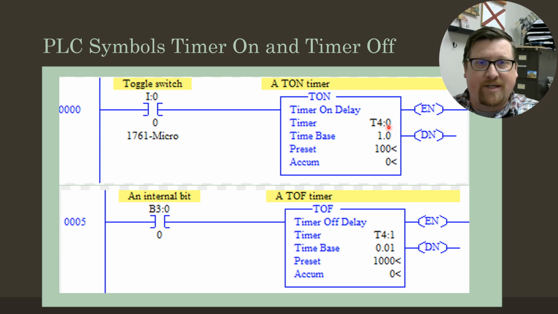This timer is internal to the PLC. It's not a real world asset out there. It's not a real world device. It's inside the program, so its address is the address that you give it. And so we have parameters we have to follow when setting that. It's going to be T4 colon. We start with 0, and we work our way up until we've got all of our timers in the program.